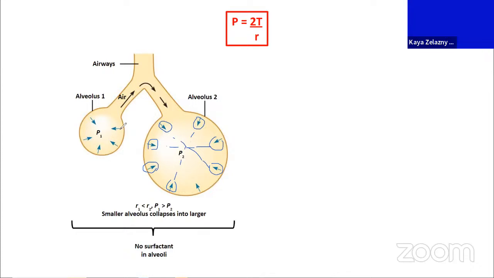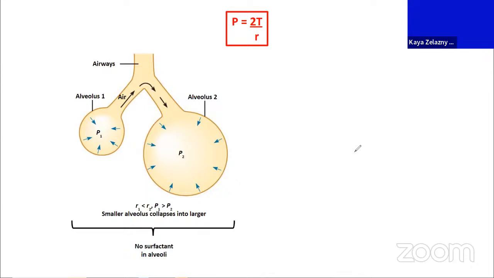In a smaller alveolus, we've got a fair amount of pull going on here. Those water molecules are closer to each other. And there happens to be a relationship between how much pressure you need to have in that alveolus, holding those walls open, to resist the surface tension of the water in the lung.